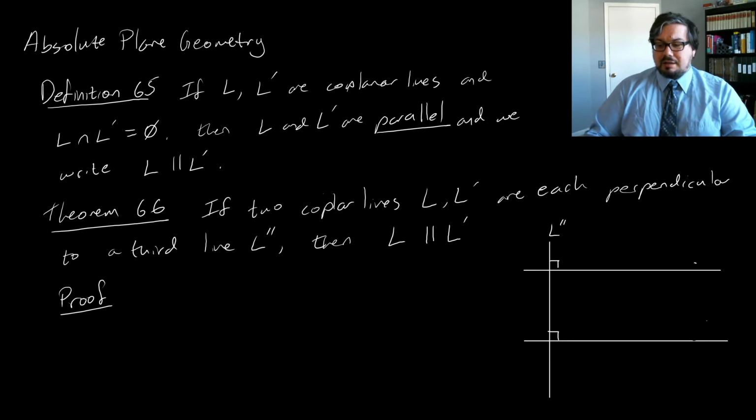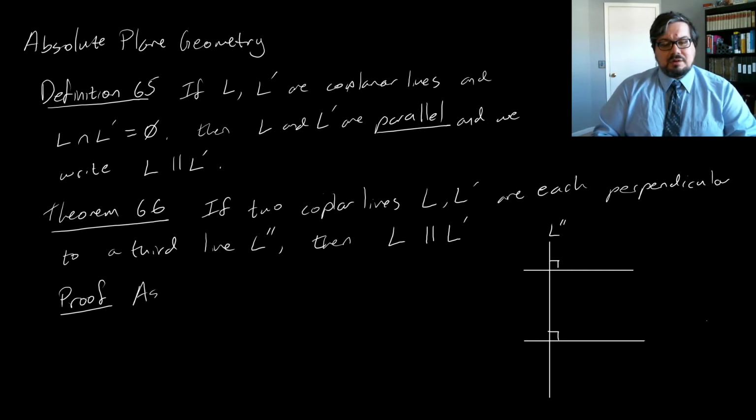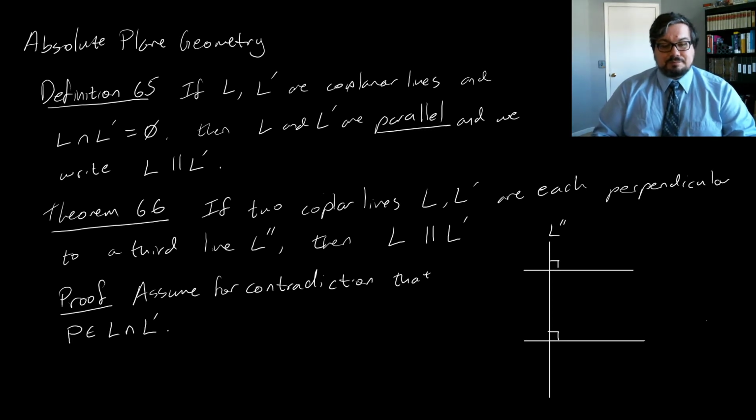So, to prove this by contradiction, we're going to assume that they are not parallel. So, assume for contradiction that P lies in L intersect L prime.